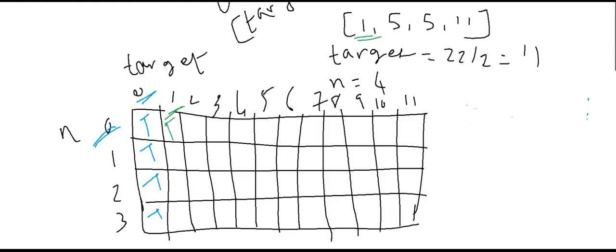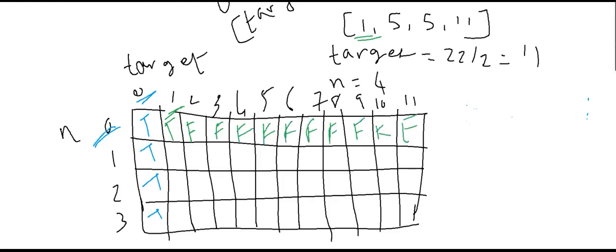Then here our target is 2. Is nums of 0 equal to 2? No. So this will be false. Nums of 0 is not 3, false, false, false, false, false, false, and false. Right?